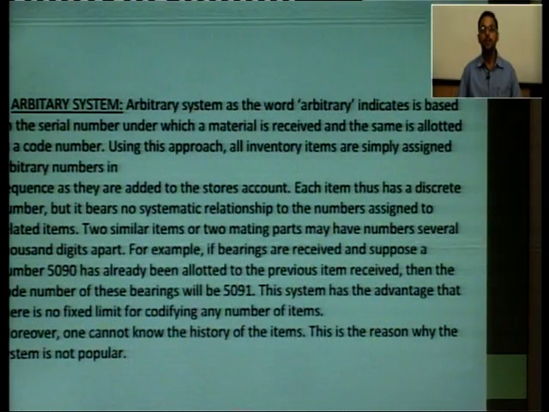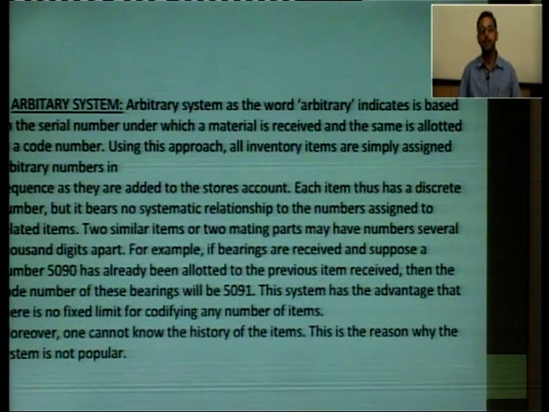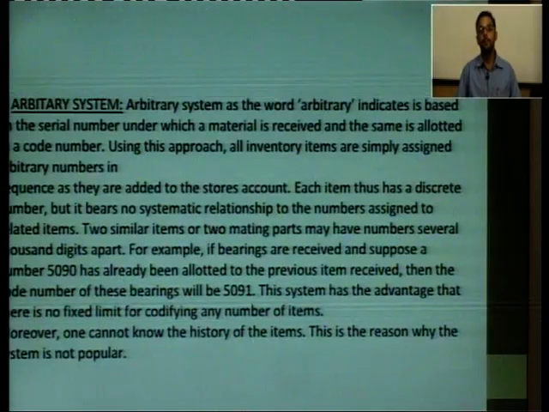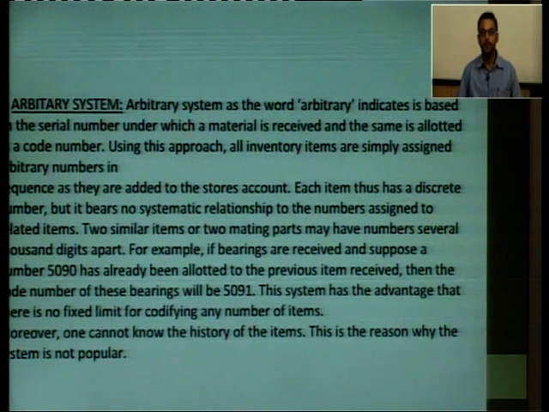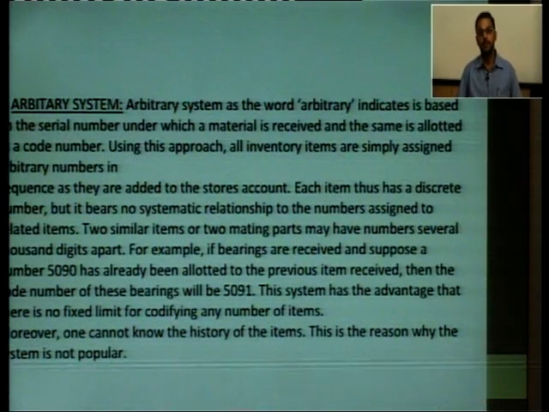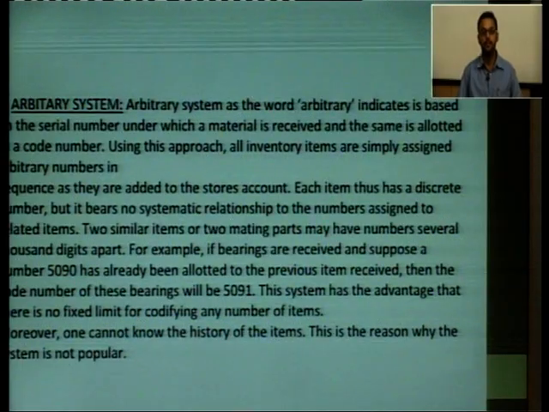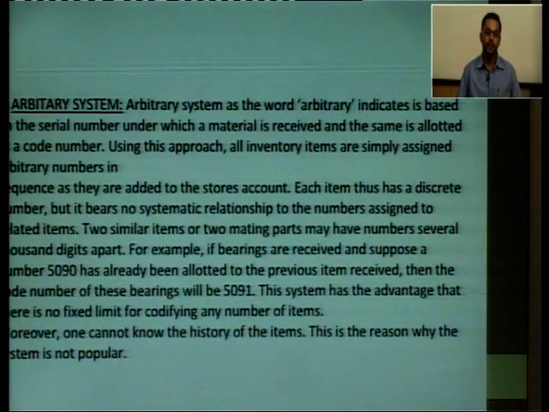When there is no relation between the series of coding, a problem occurs: we are not able to identify an item from its group. As I gave the example beforehand, suppose there are 4 items of ferrous and 6 items of non-ferrous materials. When we code something non-ferrous, there may be a different code.